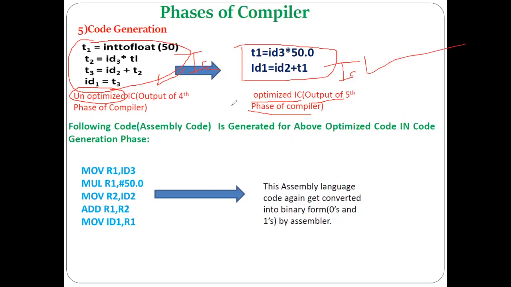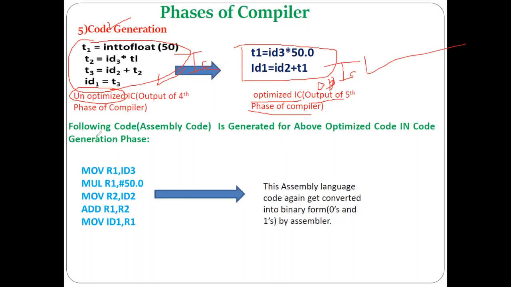What is the last phase that we are discussing today? The target code generation phase. So to the target code generation phase, we give the input as optimized intermediate code.